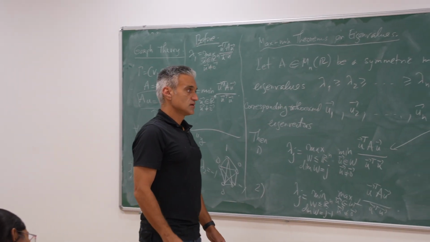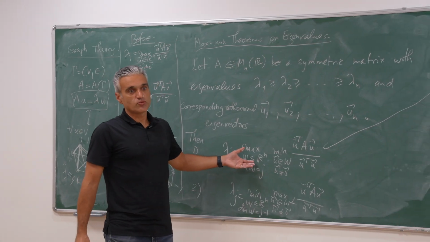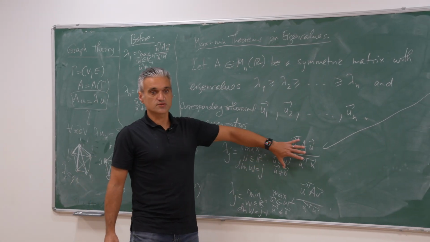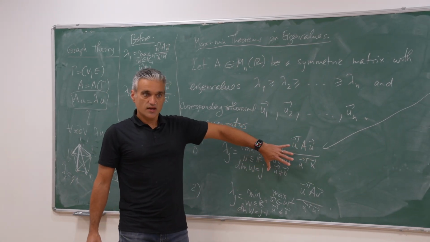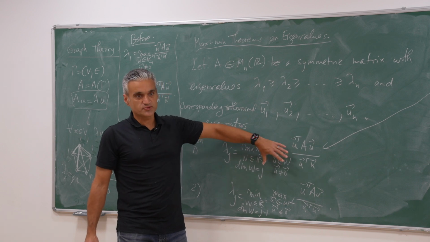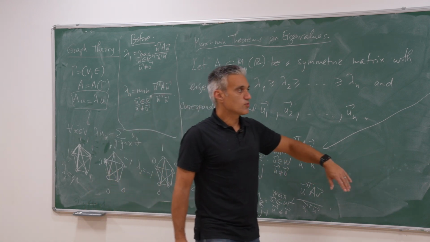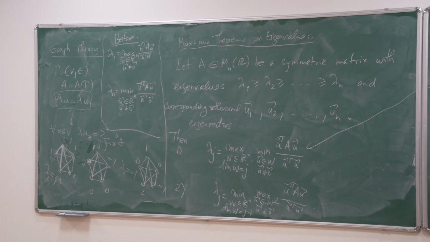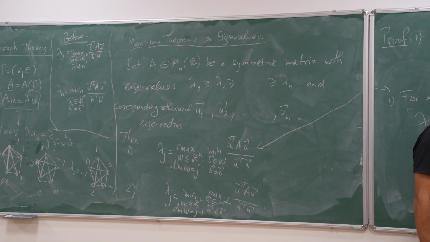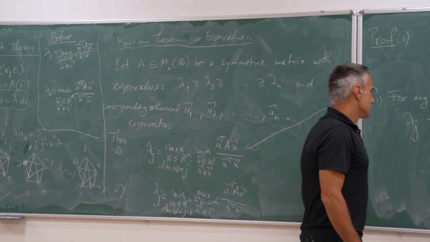Okay? So if you are the maximum of something, you have to be greater or equal than everybody else, and you have to attain equality. The equality part is going to be attained here with uj.